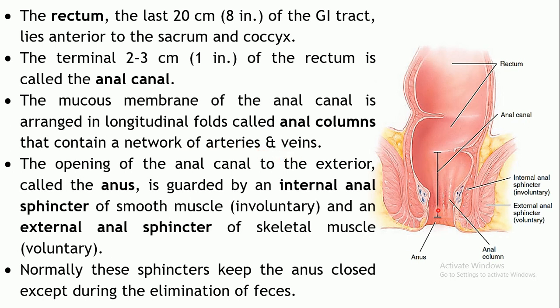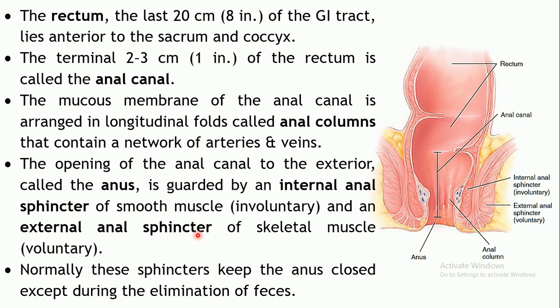Okay, and this rectum and anal canal open towards the exterior in the form of an opening called the anus, which is the terminal last part of the GI tract. And this anus contains a sphincter known as the internal anal sphincter, and another sphincter known as the external anal sphincter.